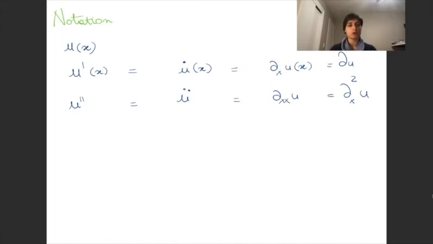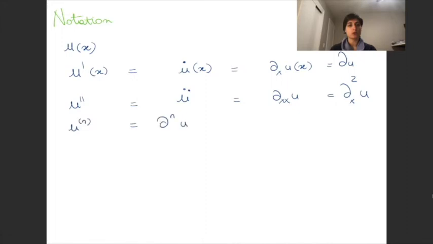U dot is often used when the variable you're relating to is time, or derivative with respect to x of u, or just partial derivative of u, without any information about the variable, because there is only one. Second derivatives can be indicated by u prime prime, or u dot dot, or second derivative with respect to x of u, or derivative with respect to x squared of u.